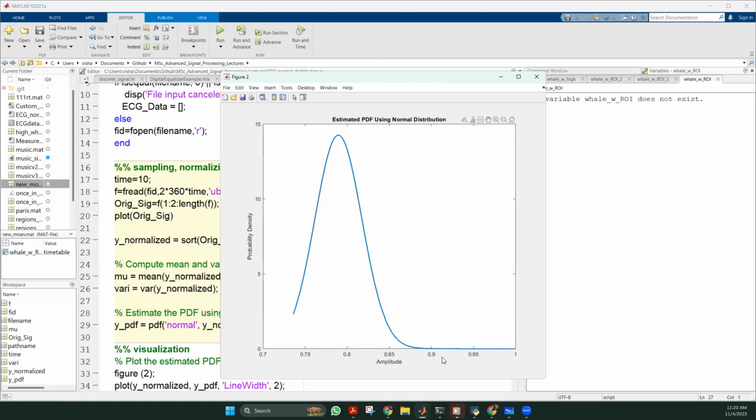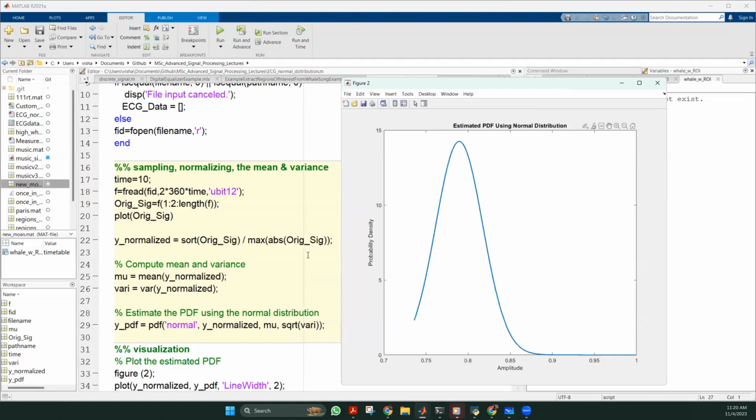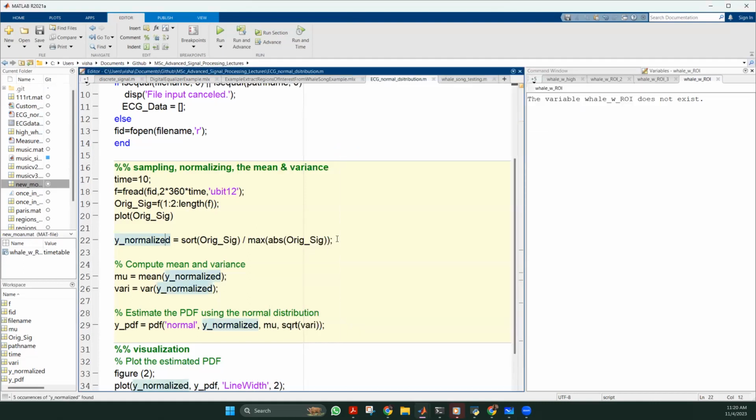However, now I have normalized it. Therefore I have to multiply this amplitude by the maximum value I can observe in this ECG signal. I use this line to normalize the signal around the maximum amplitude I was able to see.